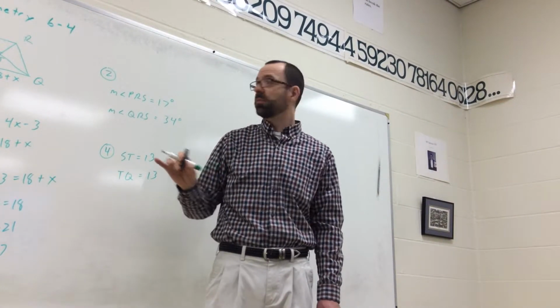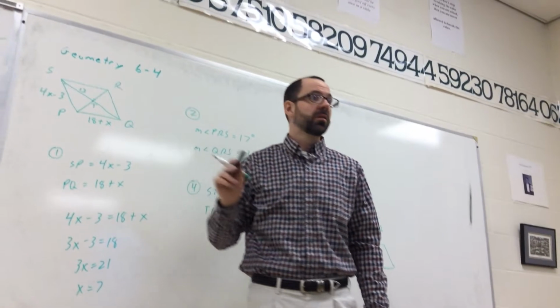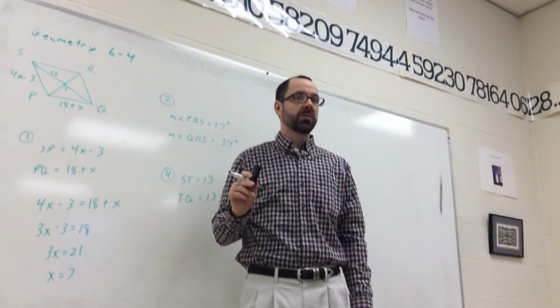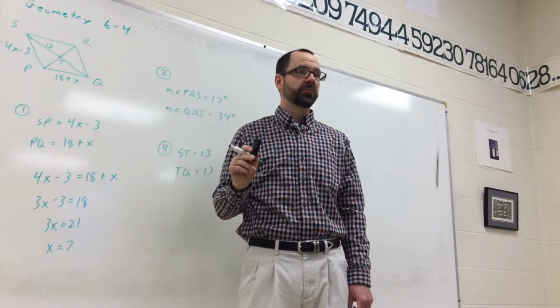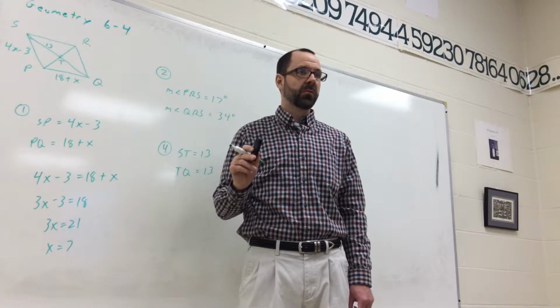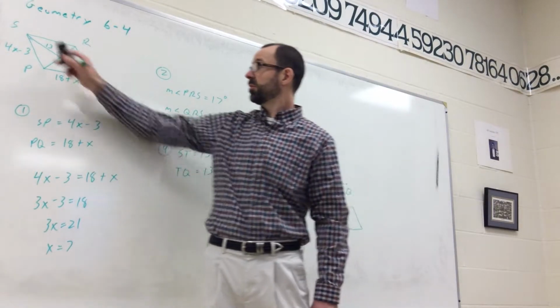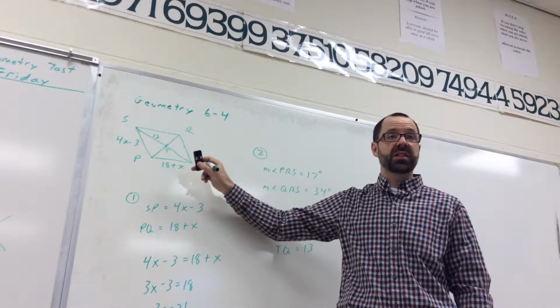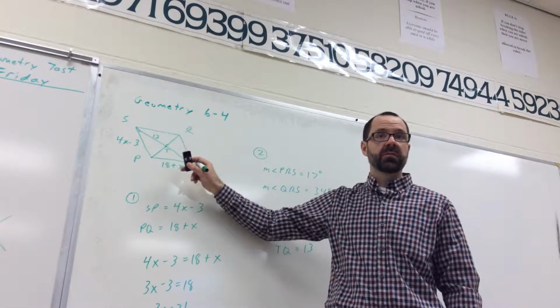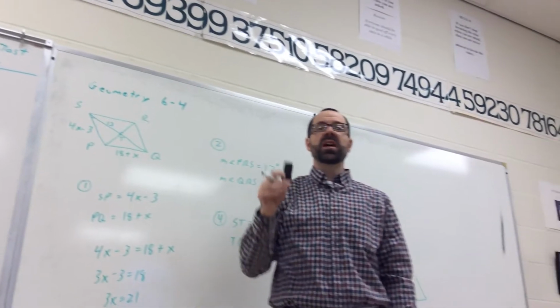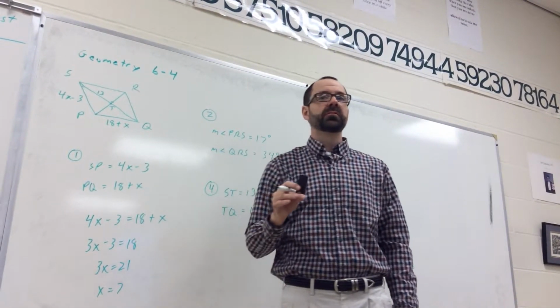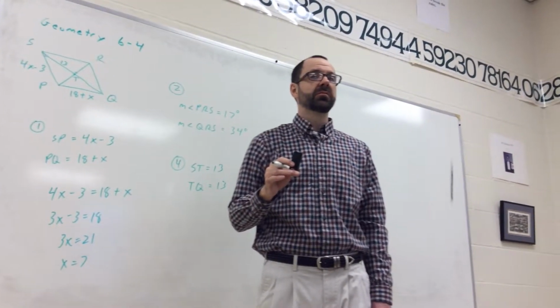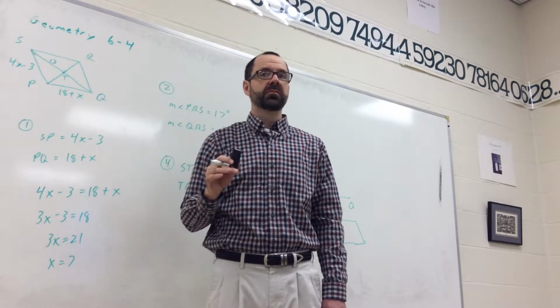Now, how do we know that both of these are 13? This line is called a diagonal, right? And it is getting sliced in half. What kind of figures does that happen with? Wouldn't it just be the definition of bisect?